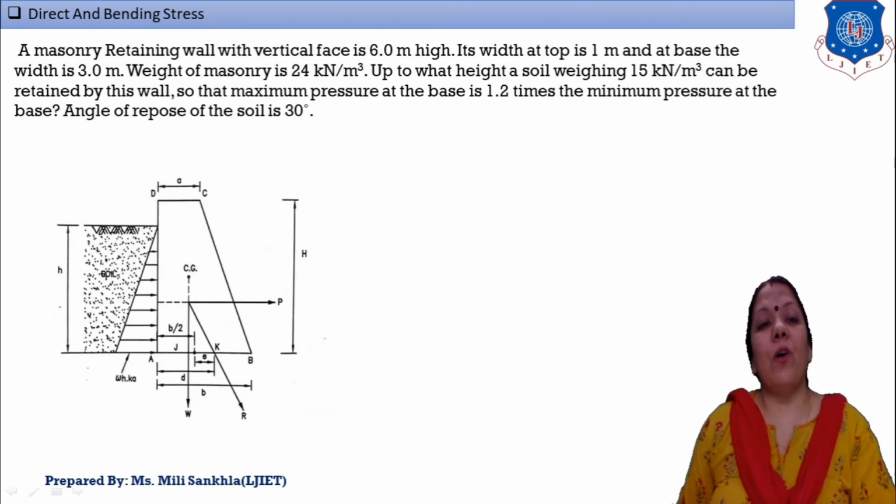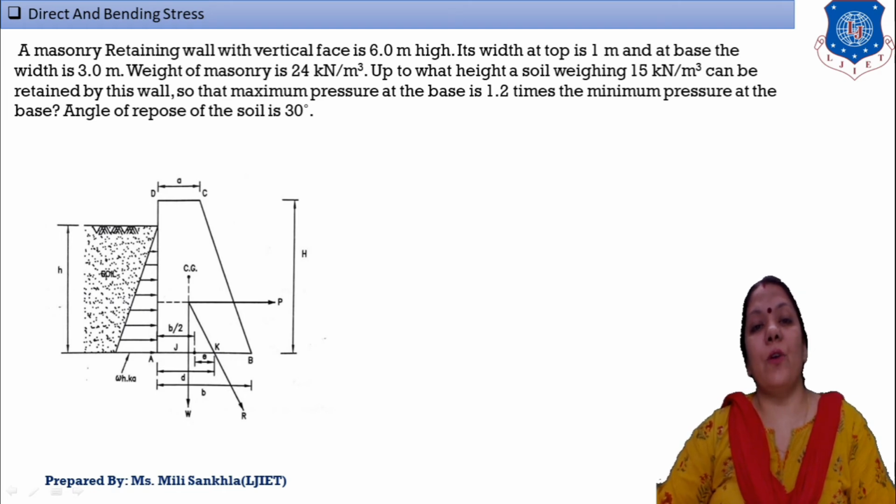Now we solve our last example of retaining wall, and first of all for that we read our data. In this example: a masonry retaining wall with vertical face, H is equal to 6 meter, top width is equal to 1 meter and base width is equal to 3 meter. Weight of masonry is equal to 24 kilonewton per meter cube.